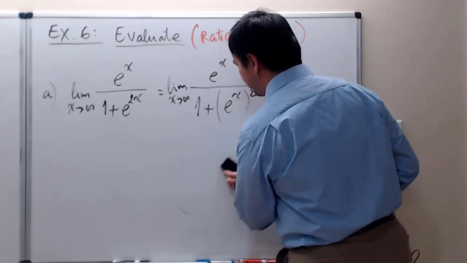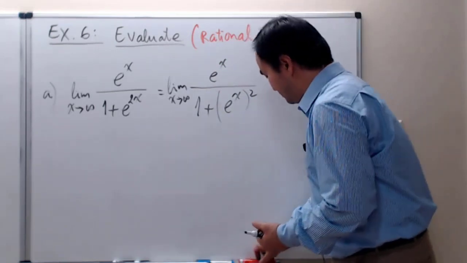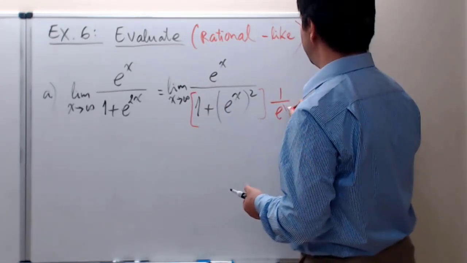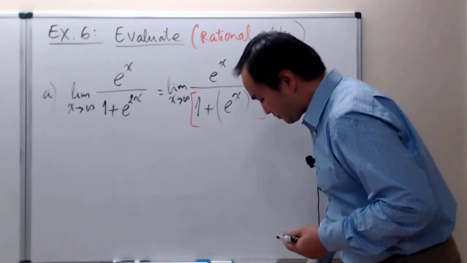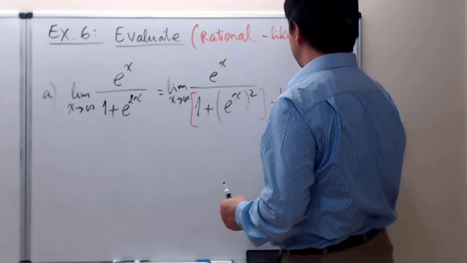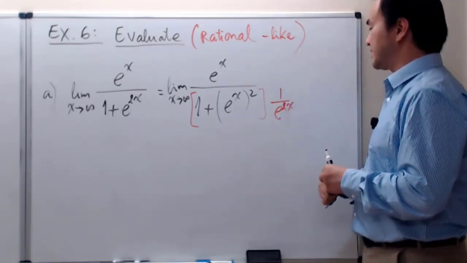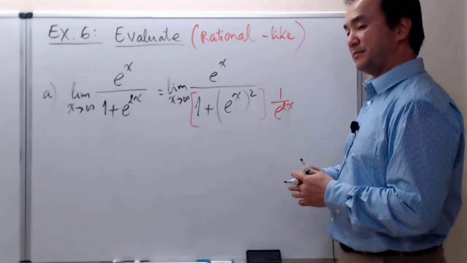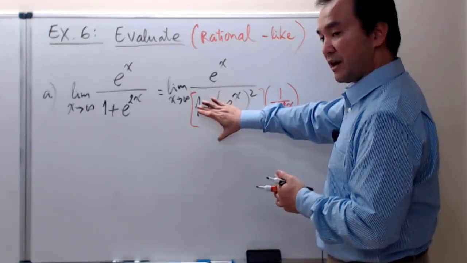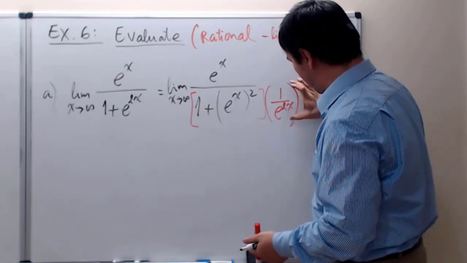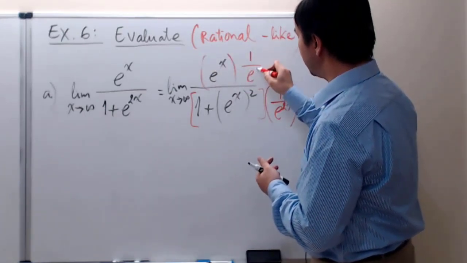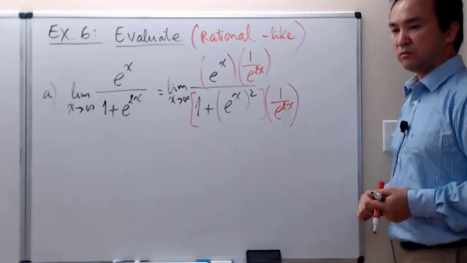I am going to multiply by 1 over e to the 2x, because that's my highest power in the denominator, the power of e to the x. And as a rule of algebra, if I multiply that to the denominator, we have to multiply it to the numerator as well, so 1 over e to the 2x is multiplied there.